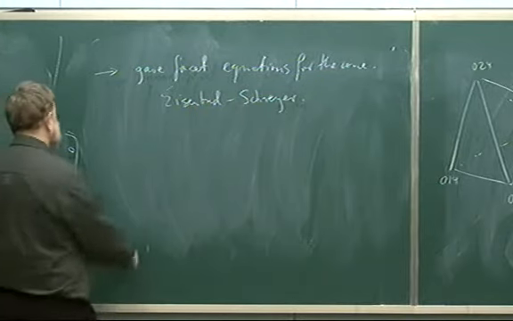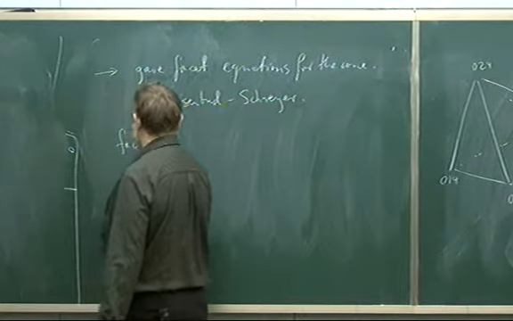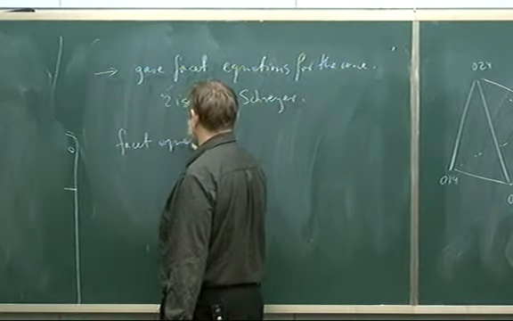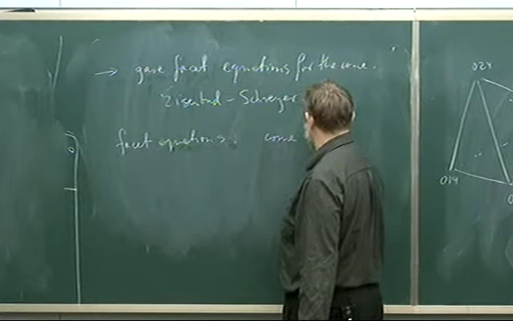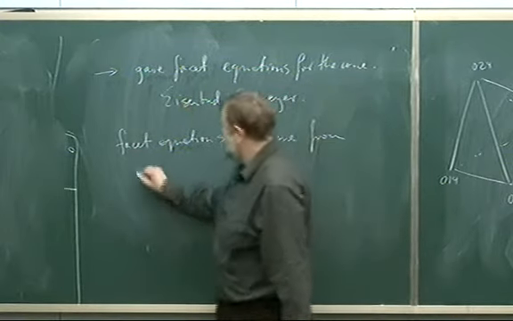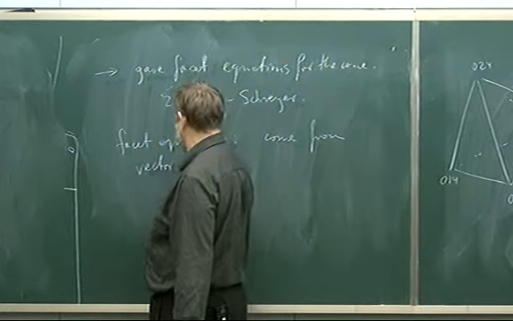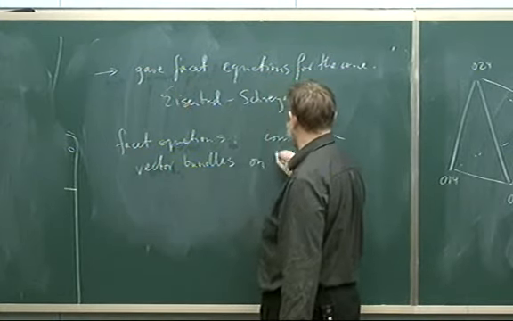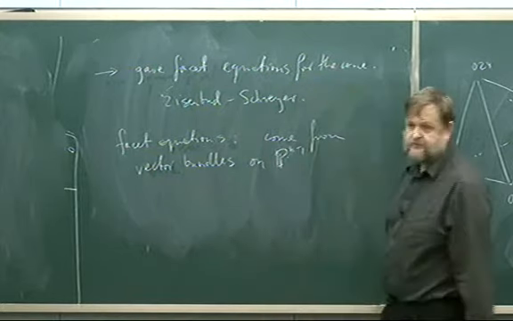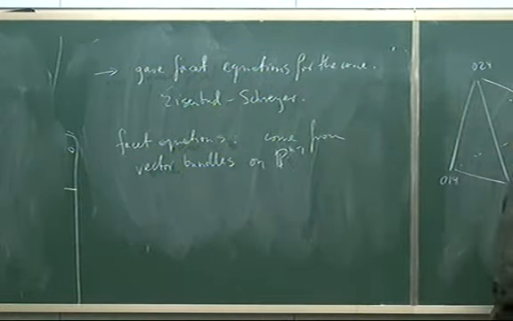Namely facet equations which Boij and Soderberg did not see at all, and nobody saw. They come from vector bundles on P^(n-1). So on the projective space, on the same vector space.